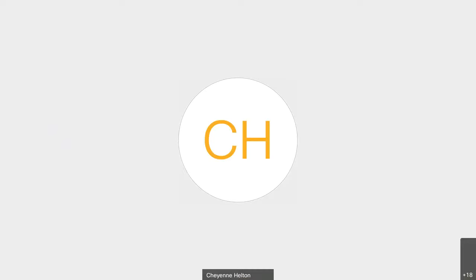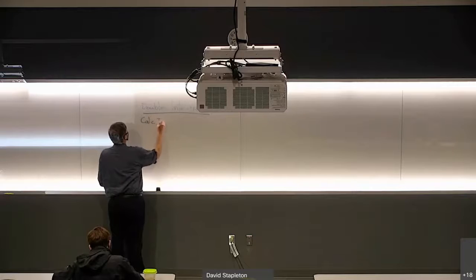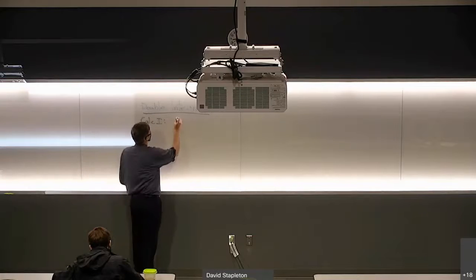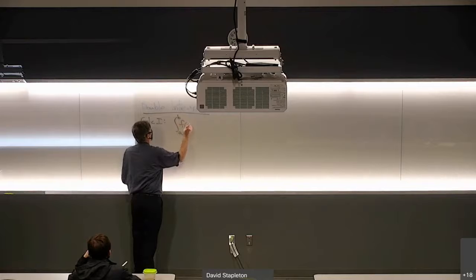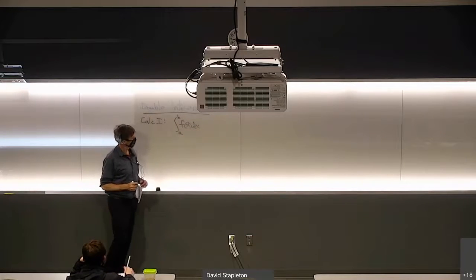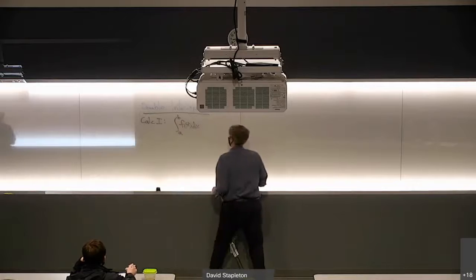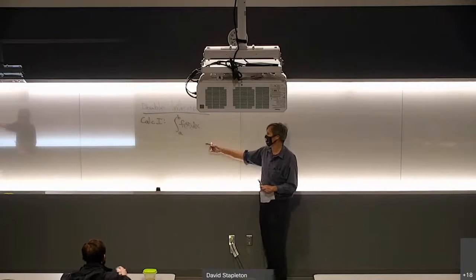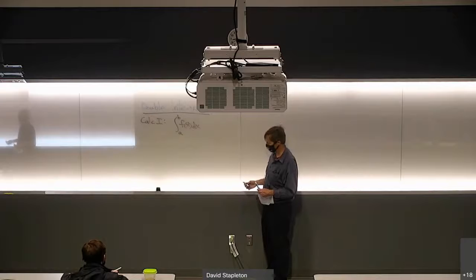Remember in Calculus 1, how was the integral defined, the definite integral? What did this mean when you wrote down this notation? Yeah, we defined the area under the curve to be that, but how was this defined?